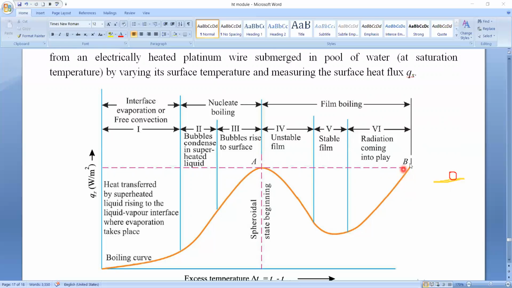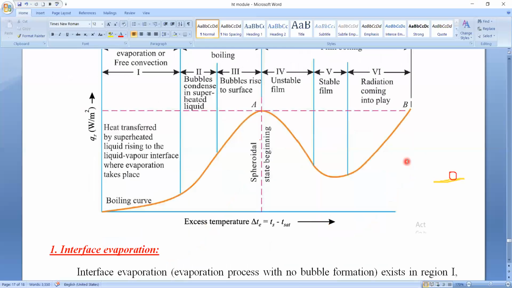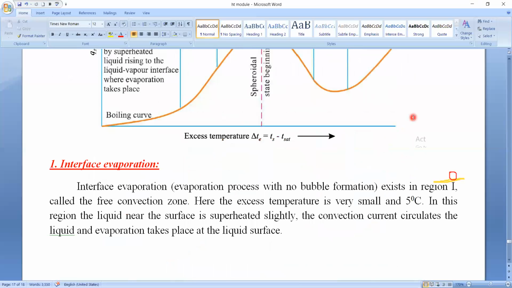So point A is called the burnout point or the critical heat flux point. Whatever heater we are using, it is designed in such a way that it should operate up to point A. It should not go beyond point A, because once it crosses point A, the process will be uncontrollable, and hence it reaches up to point B. That will damage the complete heating device.